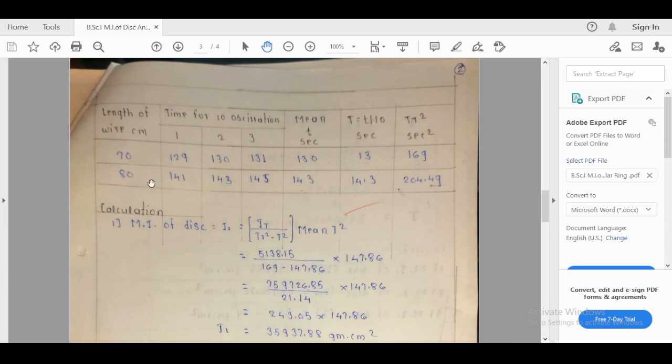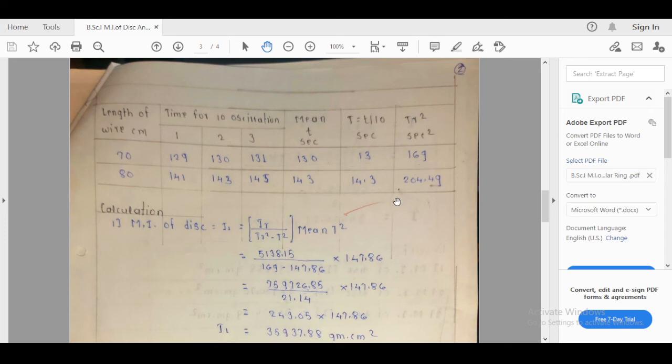Here also for each length we have to take 3 trials, take their mean, divide by 10, that is the number of oscillations, to get the time period, and take the respective time period square. Since we are adding the ring here, it is noted as TR square. In the first observation table we noted T square, in the second TR square, because the first observation table is without ring and the second was with ring.